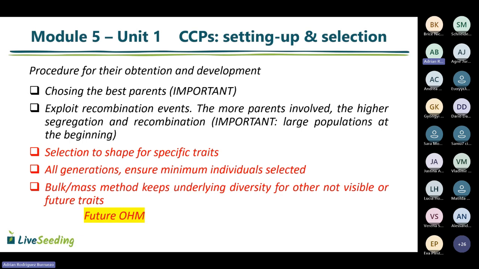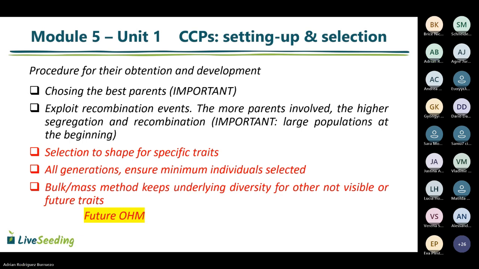After this, you must take into account the selection of the main traits you are aiming for. So I selected these parents for the first crossings for these traits, then go for them, generation after generation, shaping the appearance and agronomic performance of the population.